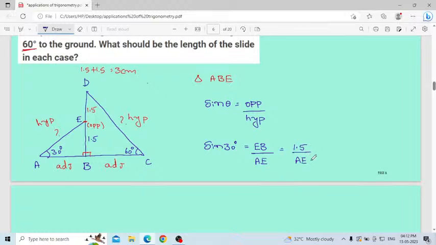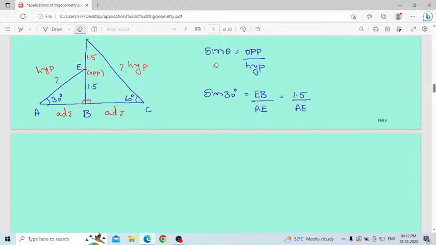Then you know the value of sin 30 degree, 1 by 2. It will be equal to EB value 1.5 divided by AE. Therefore AE will be 1.5 into 2, which is nothing but 3 meter. They are given in meter, no? This is in meter, this also in meter.